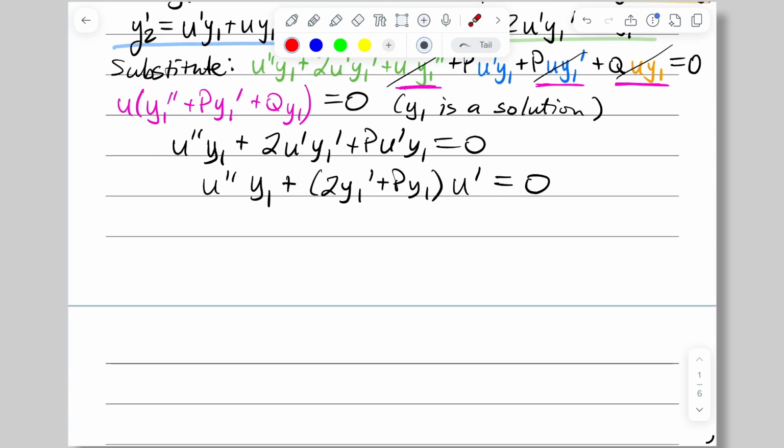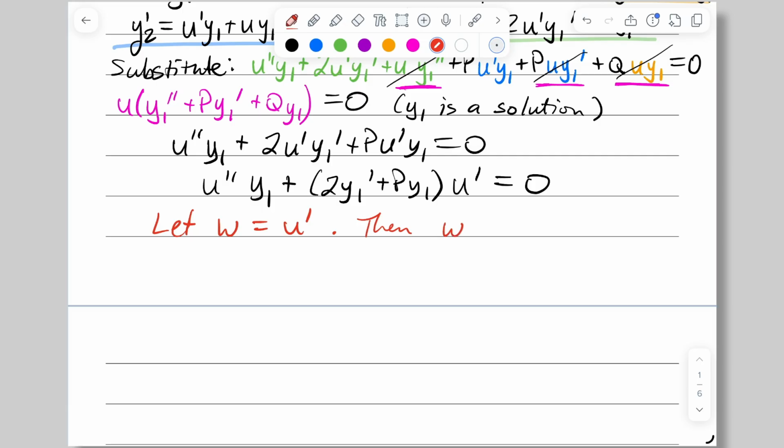What we now have is a second order differential equation where u is the unknown function, but it only appears as u double prime and u prime. There's no plain u anymore. So we're going to make a substitution. Let w represent u prime.